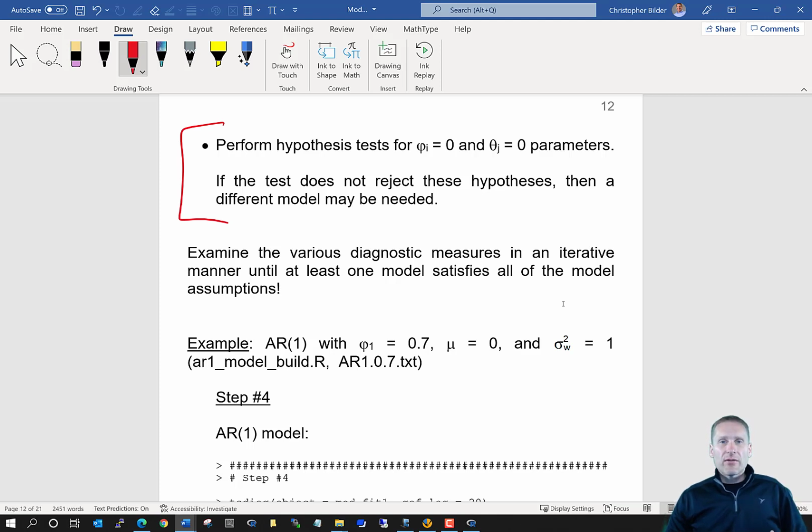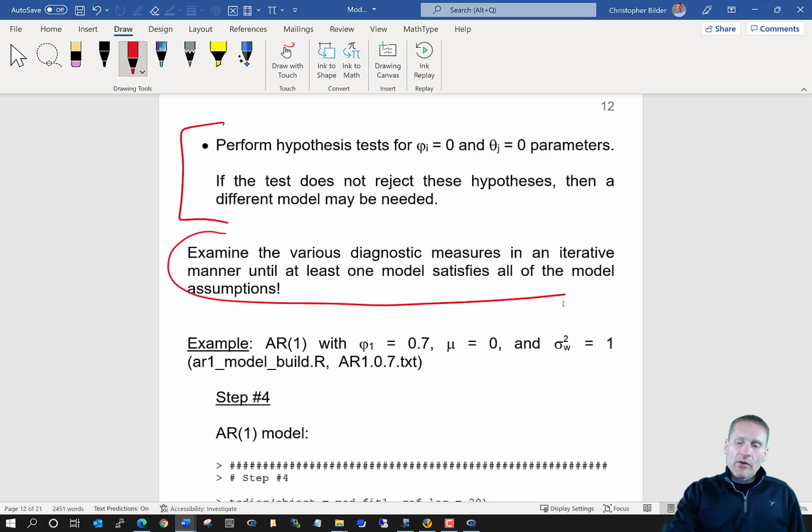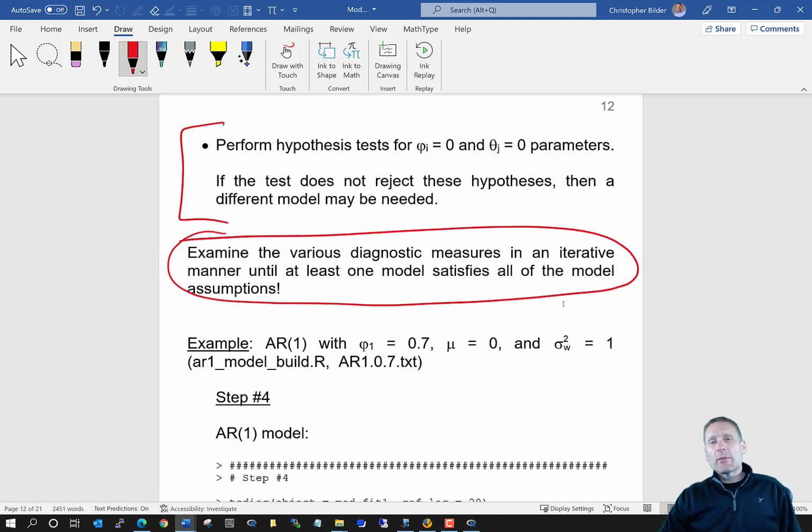Let's say my p-value is 0.5 for testing phi 1 equal to 0 versus not equal to 0. That tells me, wait a second here, do I really think that phi 1 should actually be in the model? It's not a definite answer, yes or no, but it should at least start calling into question if the model that you chose is a good model to use. Okay. Those are the diagnostic tools that we had to look at.